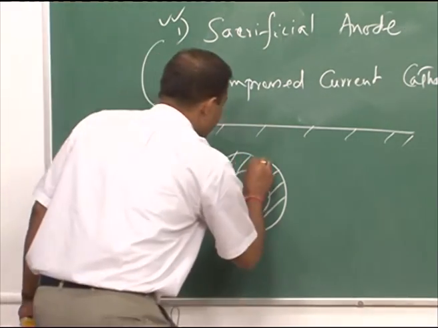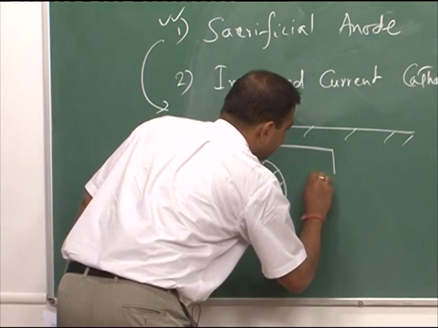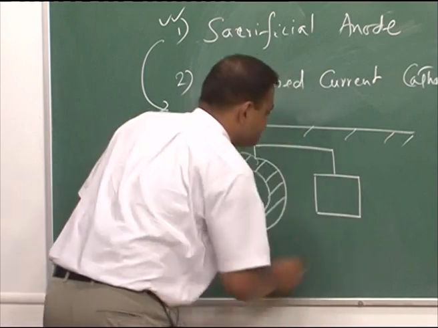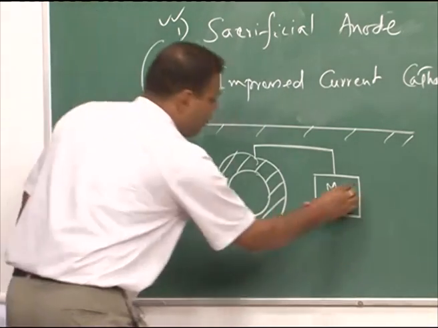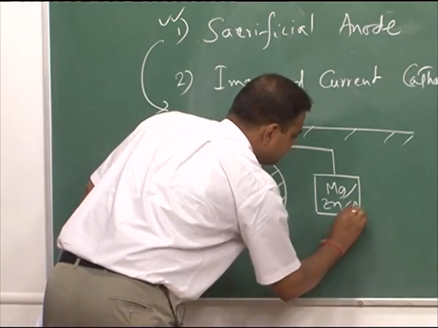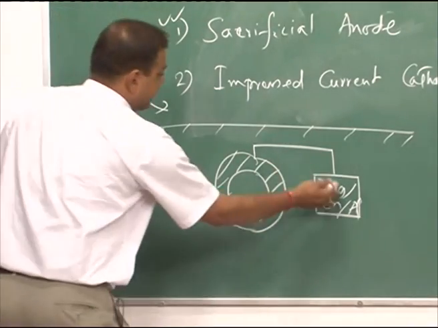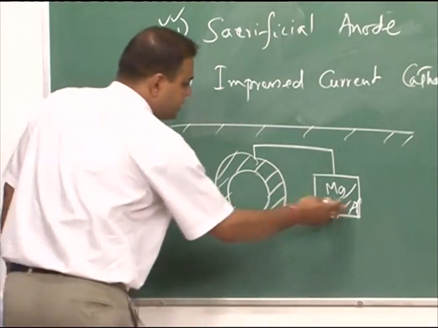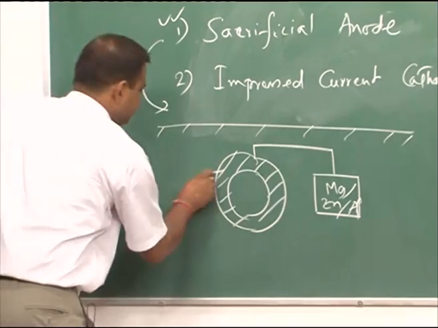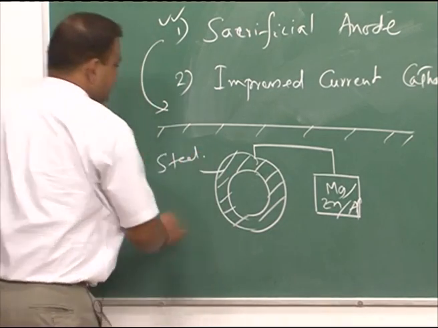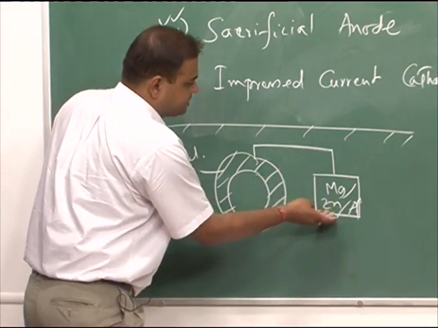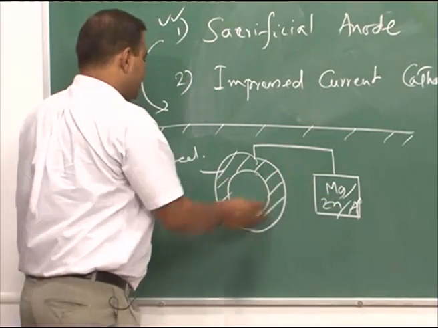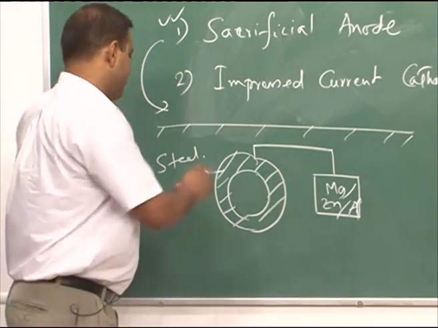What we do is connect it to another anode material, which could be magnesium, zinc or aluminum. The material of the pipe is steel. Why do we connect it to magnesium, zinc and aluminum? Because those are highly electronegative compared to steel in the electrochemical series.